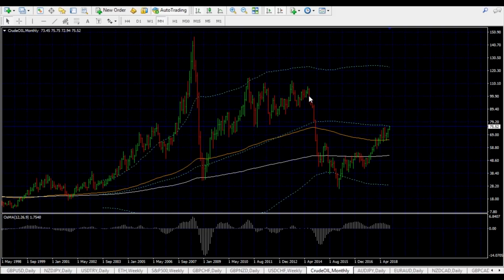Crude oil is a vehicle on the MT4 chart. Again, it's something that I don't limit myself to. I claim to be a Forex trader, but I don't just trade Forex. Forex is the primary vehicle that I trade, but it doesn't really matter.